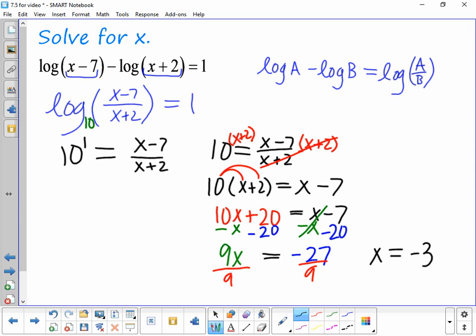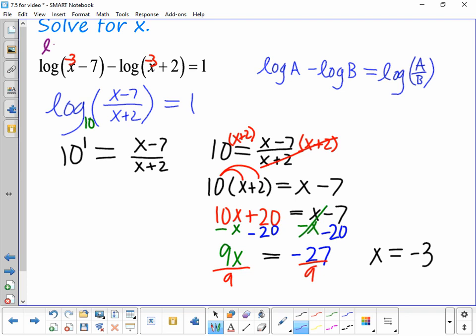So this is a complicated equation. We do all this algebra. We condense, we multiply by denominators, we just manipulate our equation. We get x is equal to negative 3, and we need to check that answer and make sure that it actually works. So if we substitute negative 3 for x into our original equation, I'm going to move this up a little bit and write it above it.